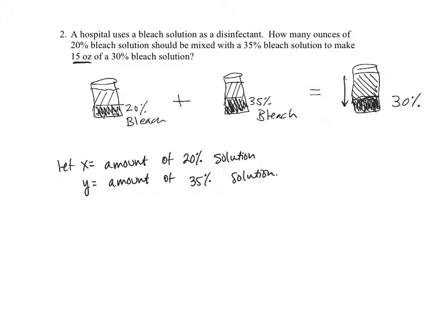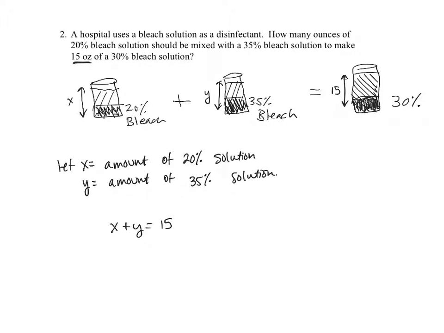So altogether, we know that this is 15 ounces. I don't know how much I put of each. So we have 20%, this I don't know, this is X. This I don't know either, this is Y.